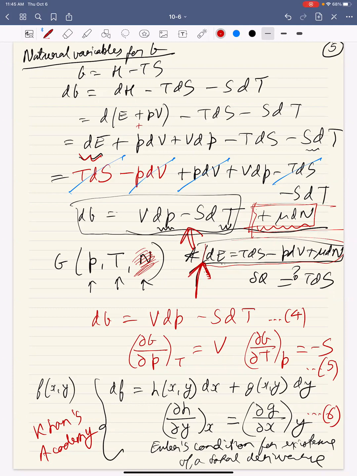If df of x, y is equal to h of x, y dx plus g of x, y dy, then partial h by partial y at constant x is equal to partial g by partial x at constant y.